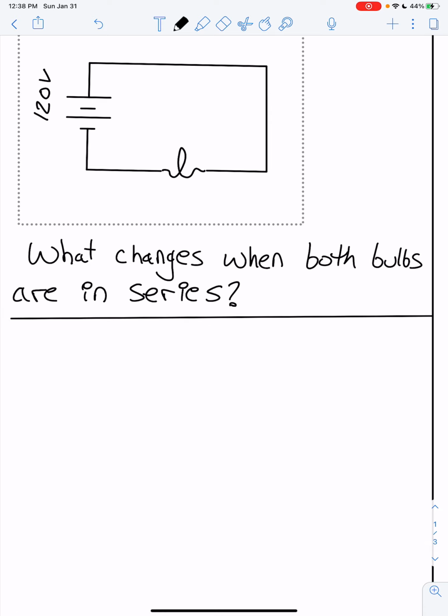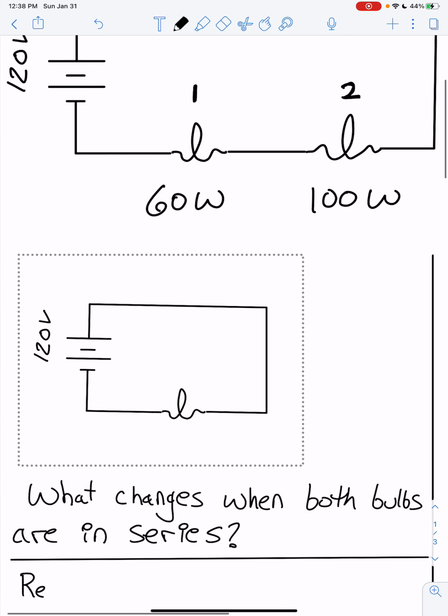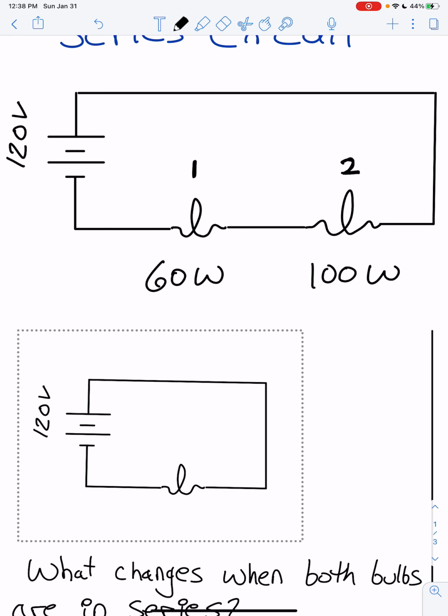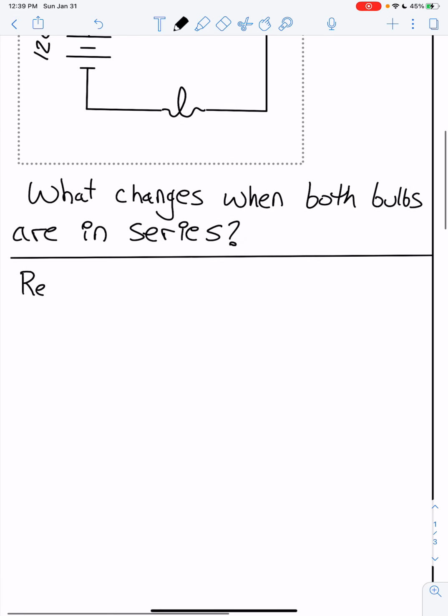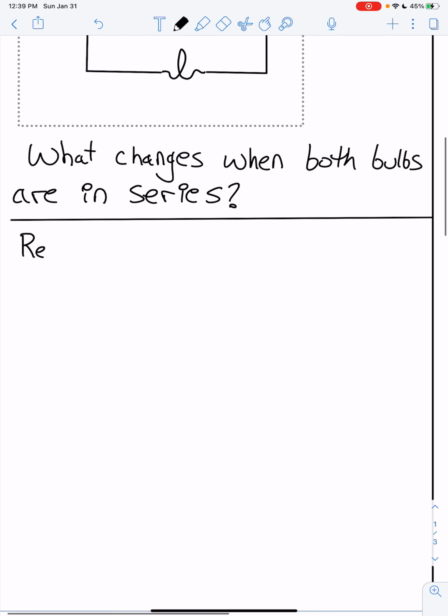Well, what changes is the circuit overall is going to have an equivalent resistance. We could redraw this series circuit as having just one resistor, and that one resistor is going to have some Req, and that's going to be equal to the sum of the first and the second bulb. And so let's take a look at what that value is and how that changes the current and the power output by the bulbs.